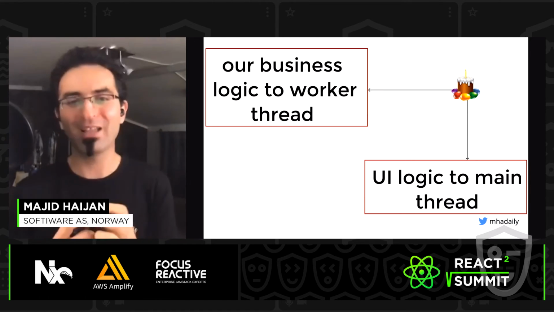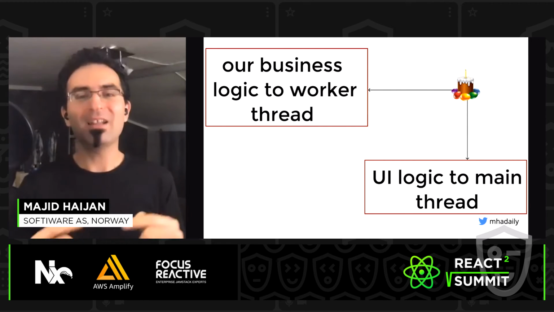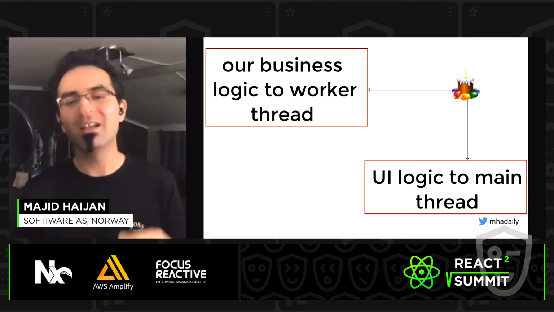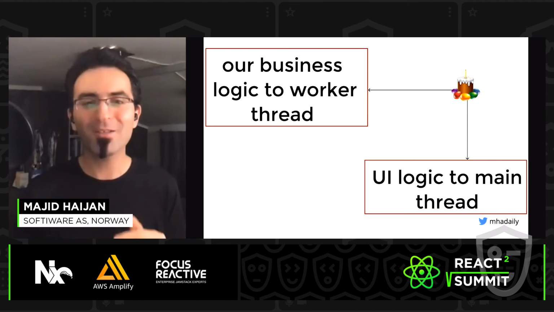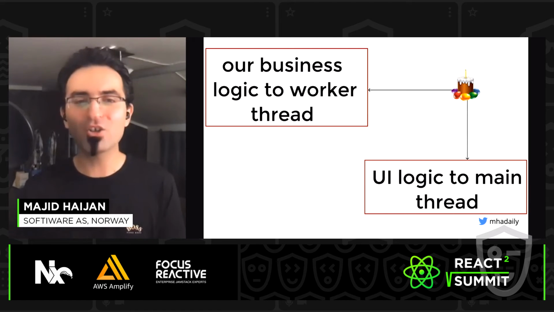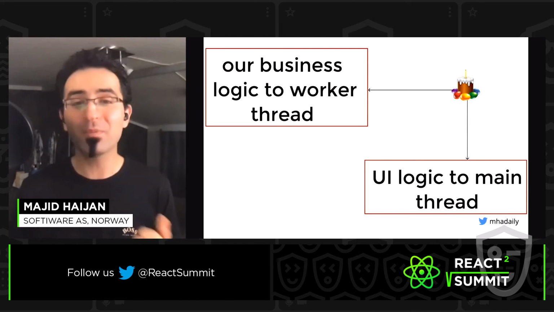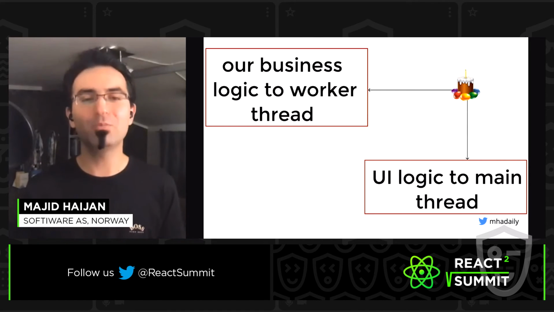You have a UI thread where you have access to the UI and you can manipulate it. And in the main thread in the browser, we can somehow mock that. We can say, hey, this is the main thread. I just have access to the DOM and I want to manipulate it, right? And then any logic I can hold off to another thread, do something with it and get the result. And then again, in the main thread, I can manipulate it.